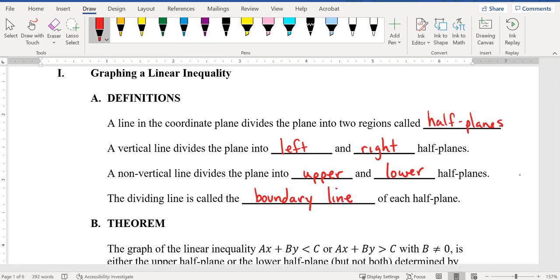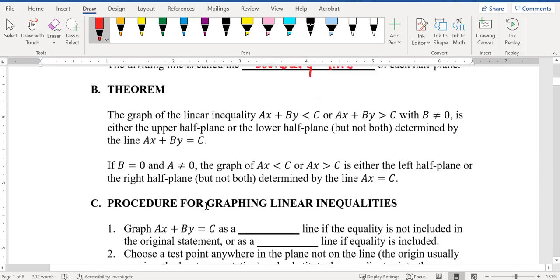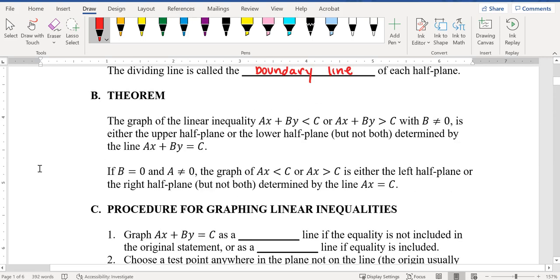All right, theorem. The graph of the linear inequality ax plus by less than c or ax plus by greater than c, as long as b is not equal to 0, is either the upper half plane or the lower half plane, but not both.